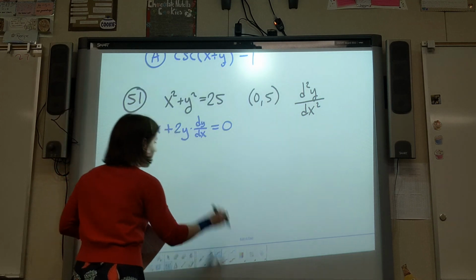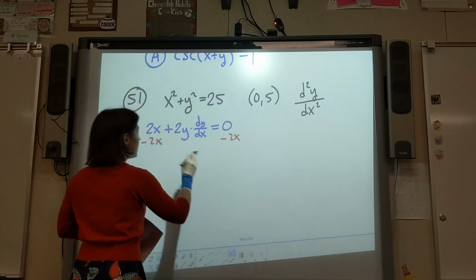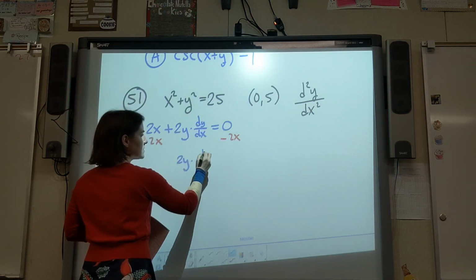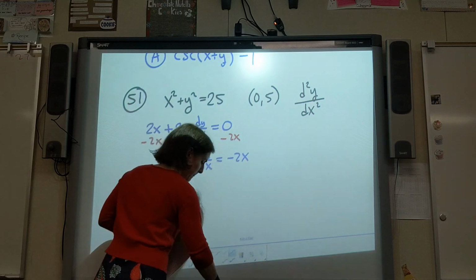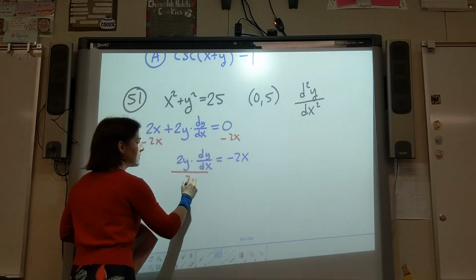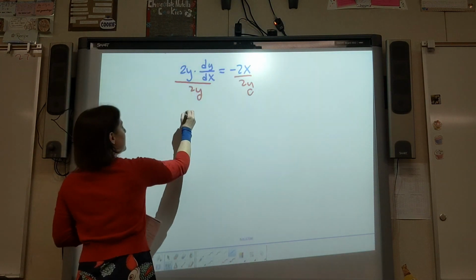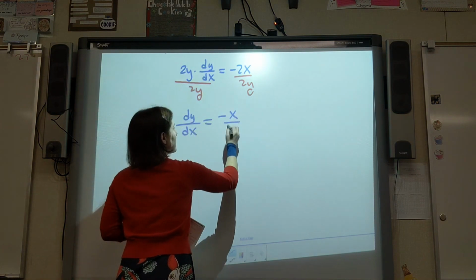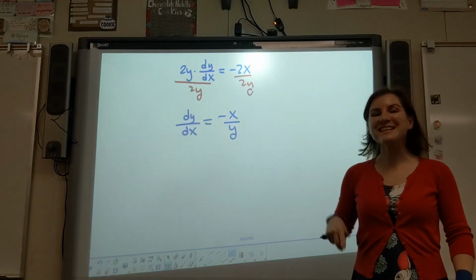Okay, I'm going to solve this. I'm going to subtract 2x. We've got 2y times dy/dx equals negative 2x. I'm going to divide by 2y. And we get that dy/dx equals negative x over y. That is the first derivative. I need to take the derivative again.